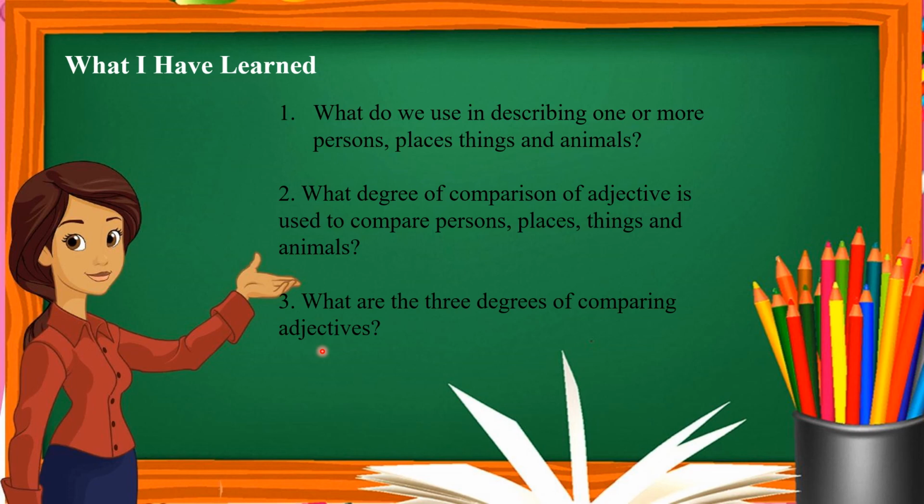The 3 degrees of adjectives are positive, comparative, and superlative. Positive describes 1, comparative describes 2, and superlative describes 3 or more. Okay?